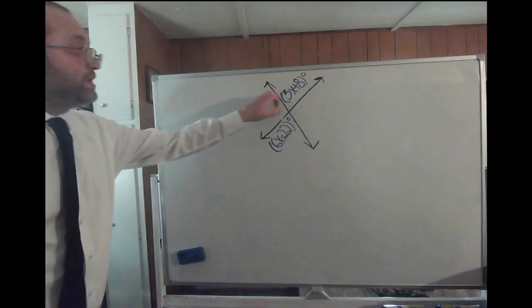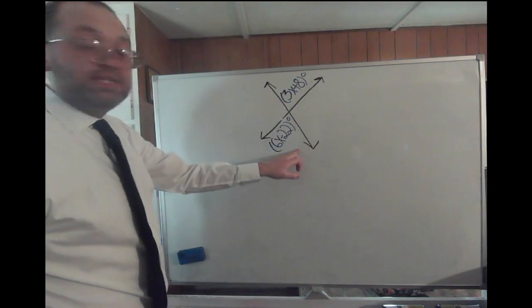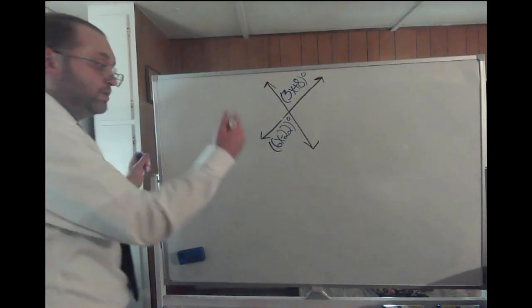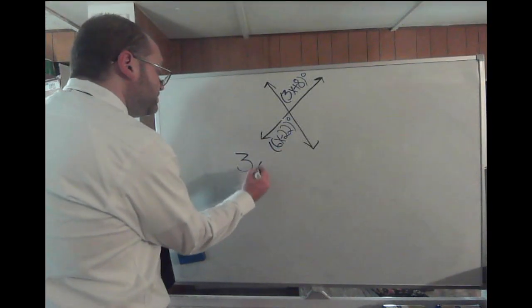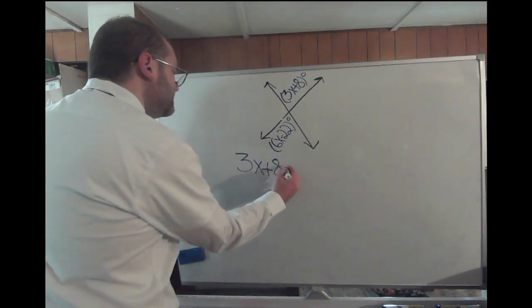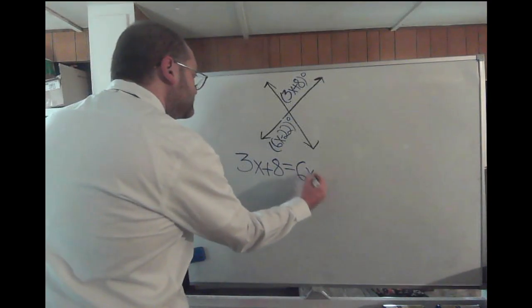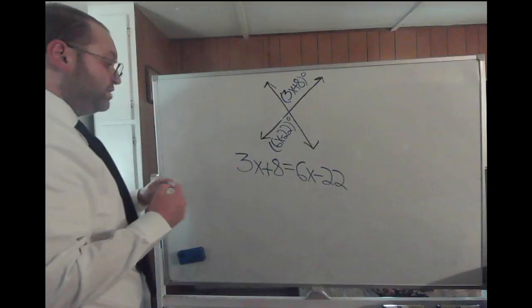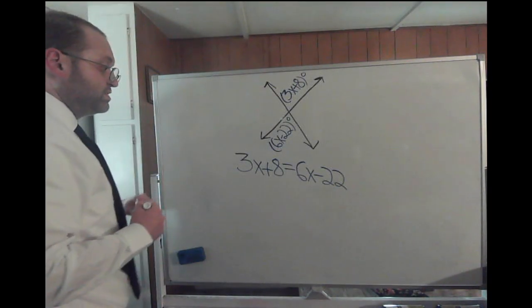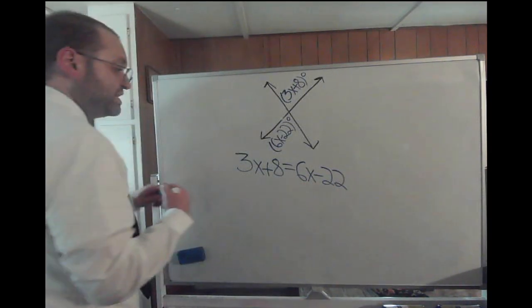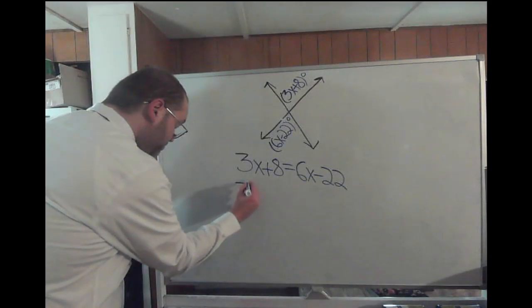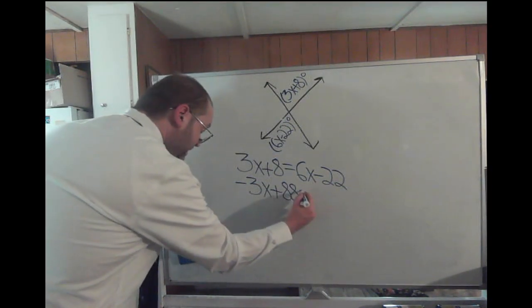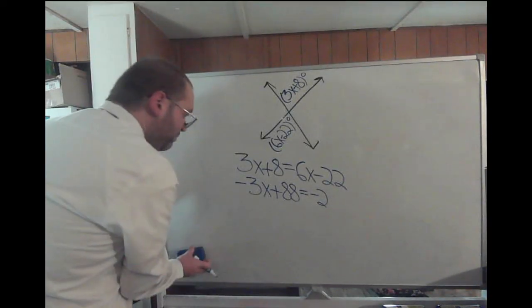One is equal to 3x plus 8 degrees. The next one is equal to 6x minus 22 degrees. Well, again, vertical angles are congruent, so just set one equal to the other. 3x plus 8 equals 6x minus 22. Now, we just want to solve for x, so we have 3x plus 8 equals 6x minus 22, which would give us negative 3x plus 8 equals negative, well, why did I write 88?